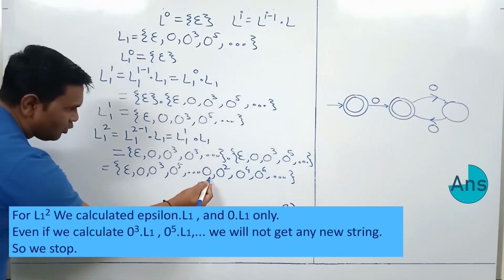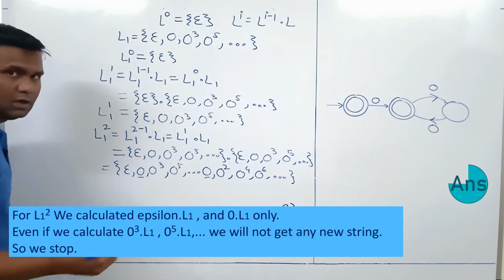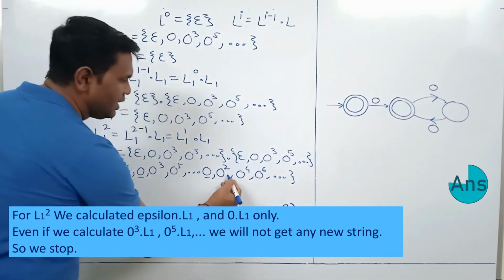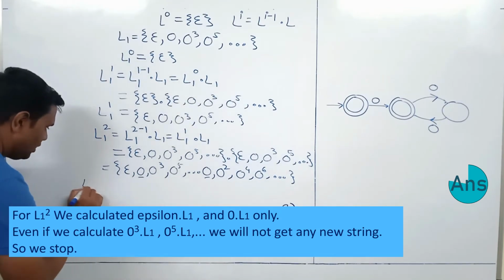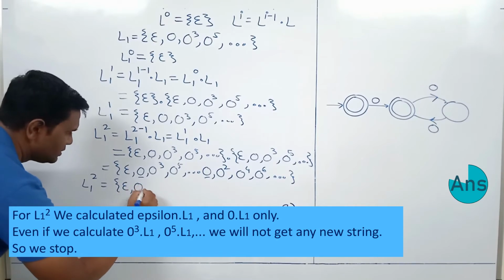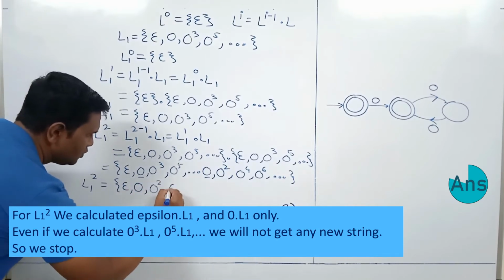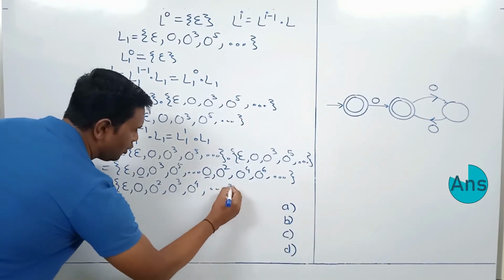So the string 0 is repeated over here. Here we get all odd powers of 0. Here we get all even powers of 0. So L1 power 2 is epsilon, 0, 0 power 2, 0 power 3, 0 power 4 and so on.